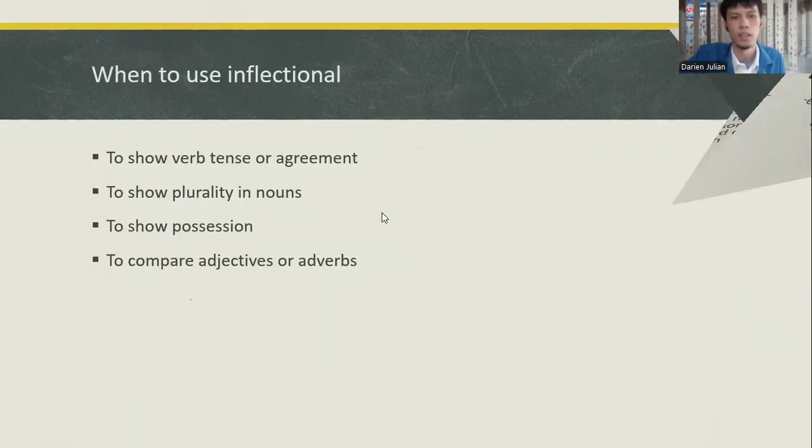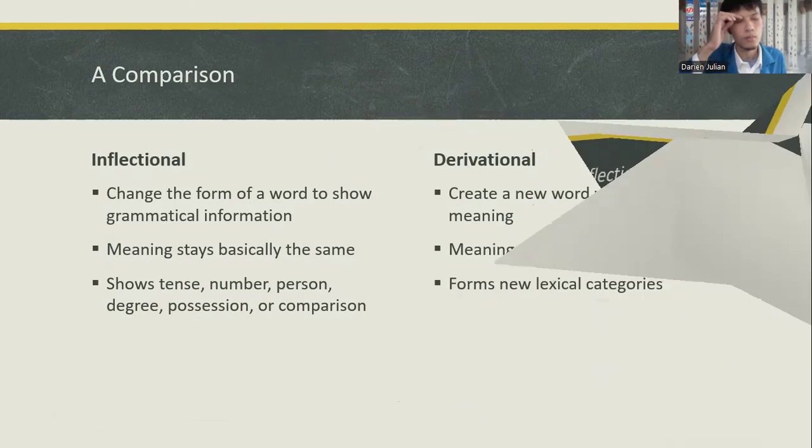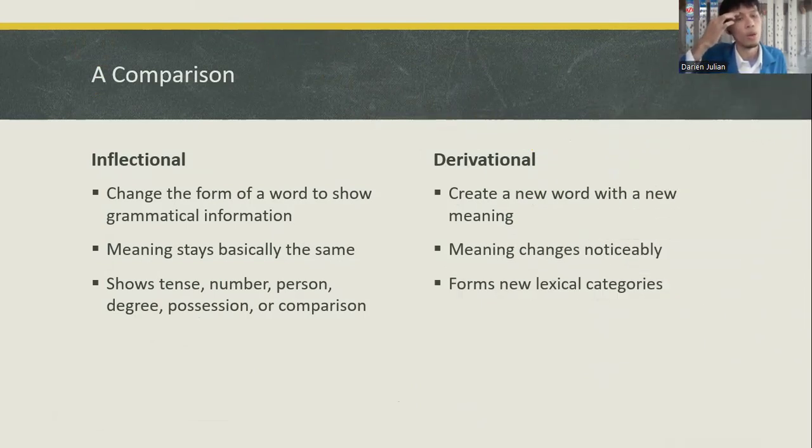When to use inflectional? First is to show verb tense or agreement. Two is to show plurality in nouns. Three, to show possession. And four is to compare adjectives or adverbs. What is the difference between inflectional and derivational?